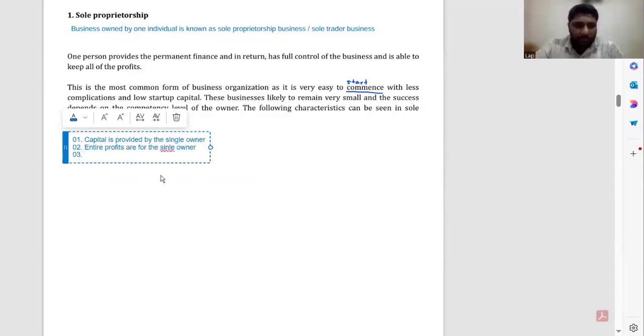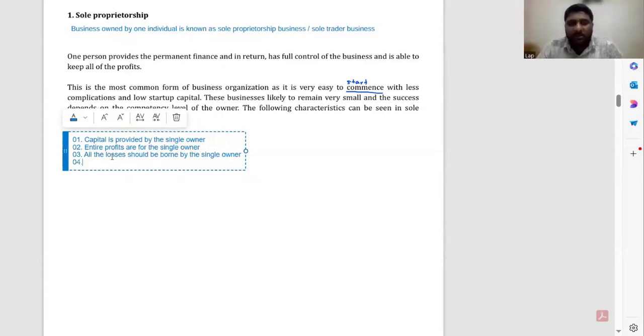Third one: all the losses should be borne by the single owner. He should bear all the losses. Can't help.